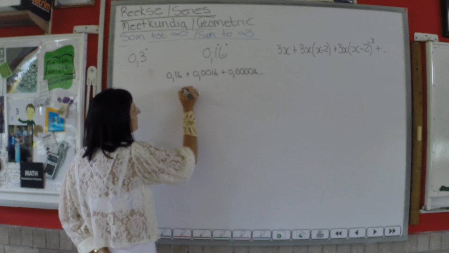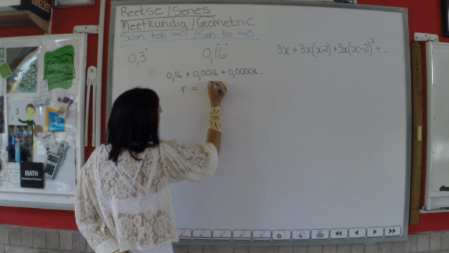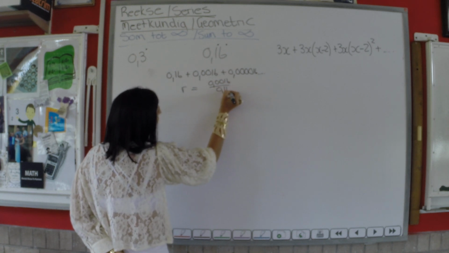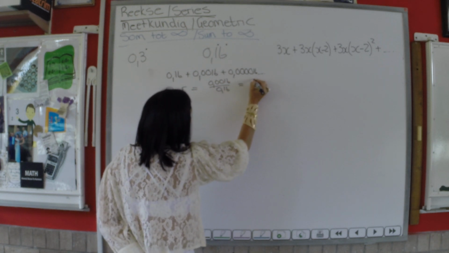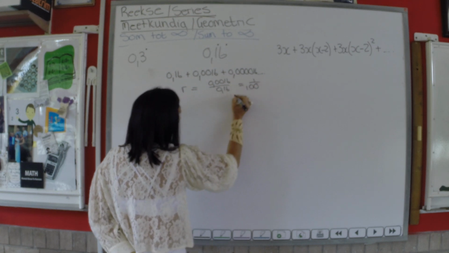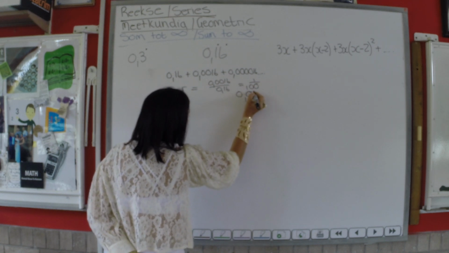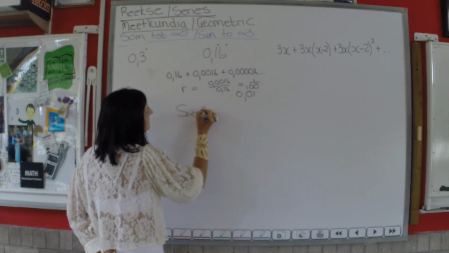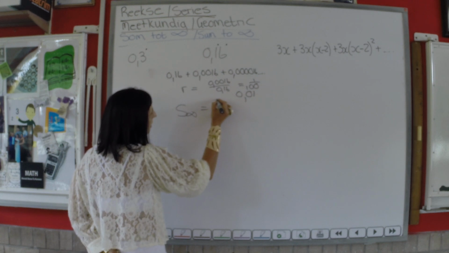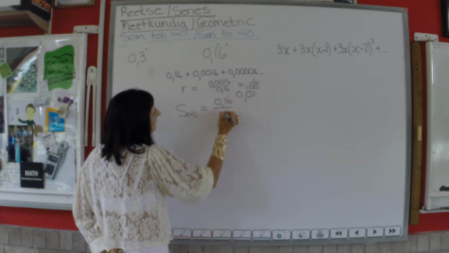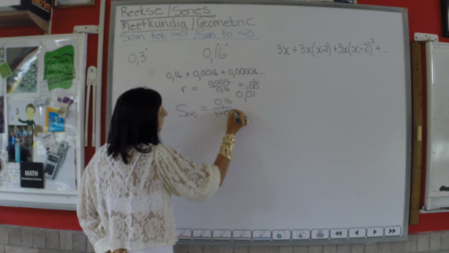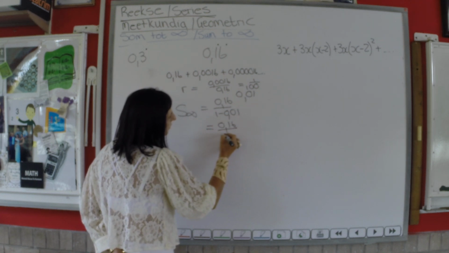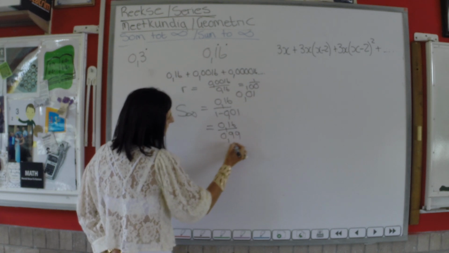So, let's determine the value of R. It's 0,0016 on 0,16. That's going to give me 1 on 100. Of met ander woorde 0,01. Goed. Som tot oneindig gaan wees eerste term A op 1 minus 0,01 en dit gee vir my 0,16 op 0,99.